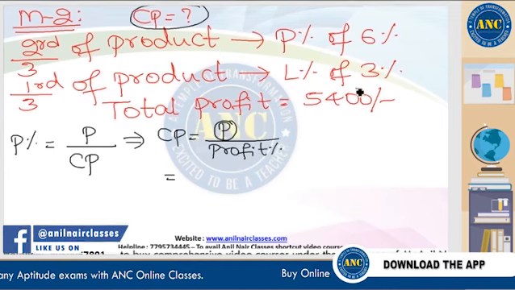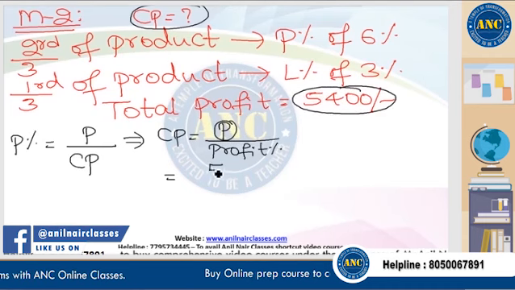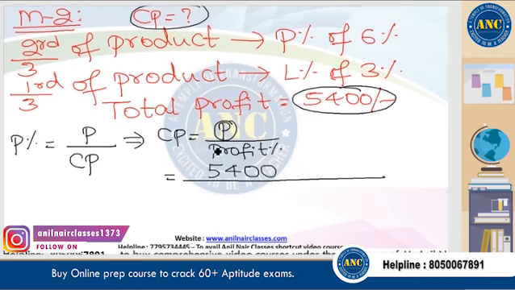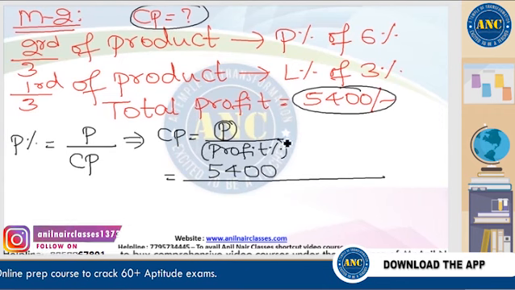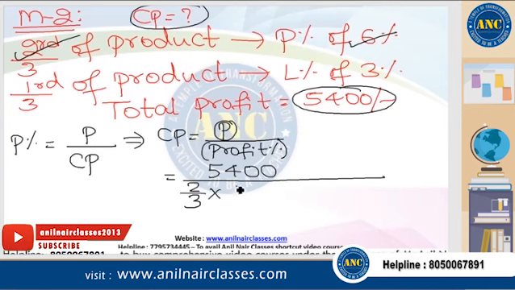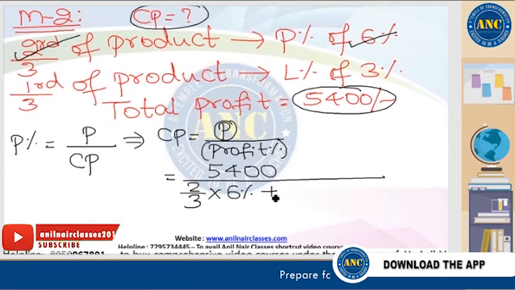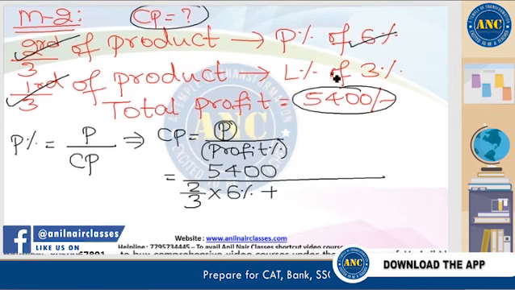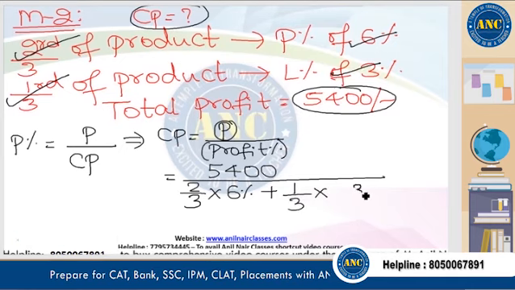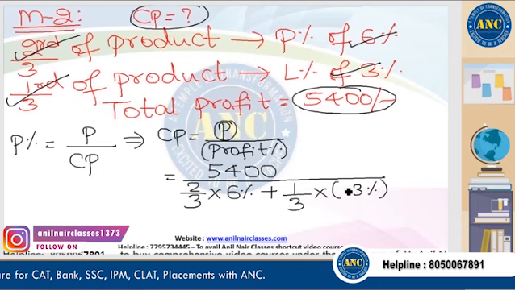Overall profit given in the question is 5,400. 5,400 divided by profit percentage. It is given in two parts. 2/3 is sold at 6% profit. It is 2/3 into 6%. And remaining 1/3 is sold at 3% loss. It is 1/3 into 3% loss. Loss means put a negative sign.